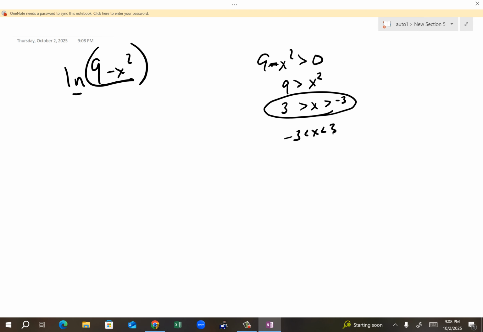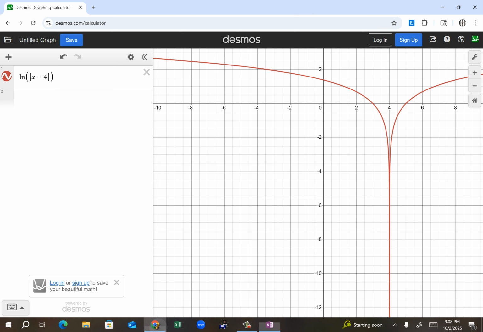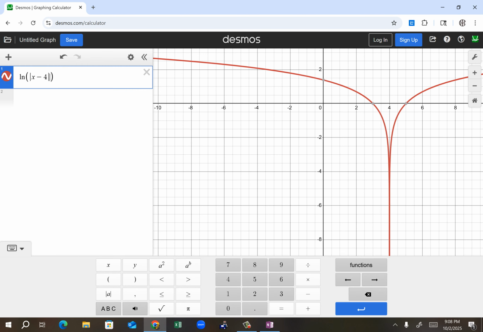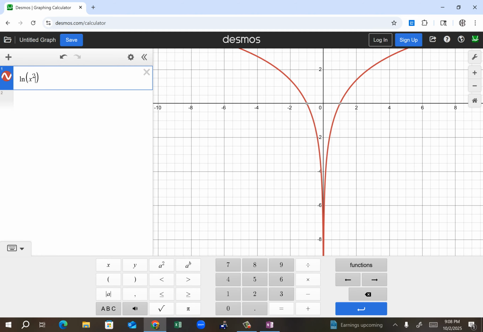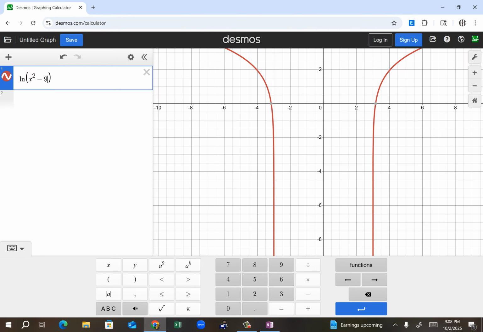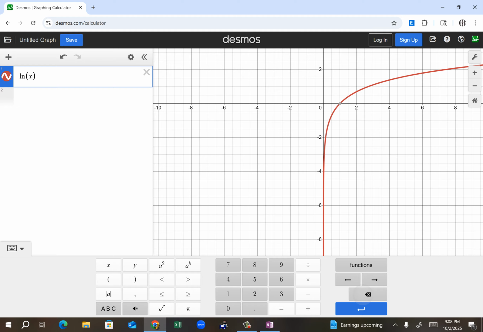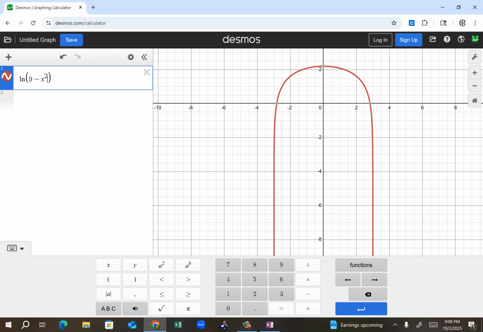We go from least to greatest. That function right there, we're good. Okay, as long as you don't equal 3, we're just fine. So x squared minus 9. Oops, I did it backwards. 9 minus x squared. Nice. So as long as we stay between there, we're good, yes?